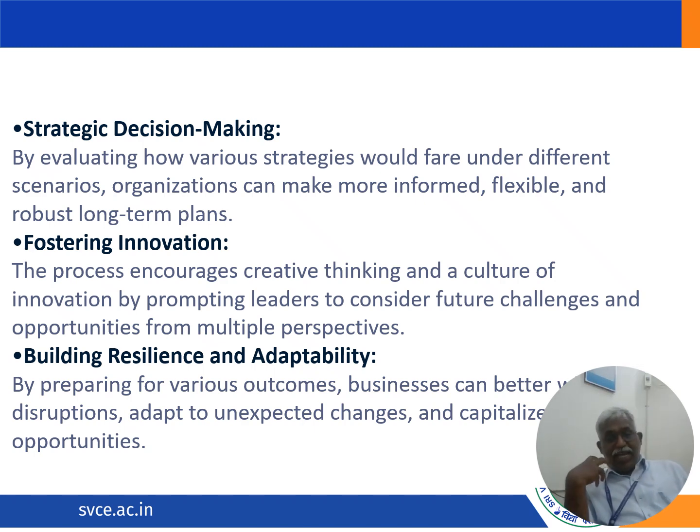At present the scenario is this. In the near future, for example, every vehicle will have automatic steering, adapted to unexpected changes. They are preparing the outcome, and business can be better. So we have forecasting, innovation, building resilience, adaptability, decision making.